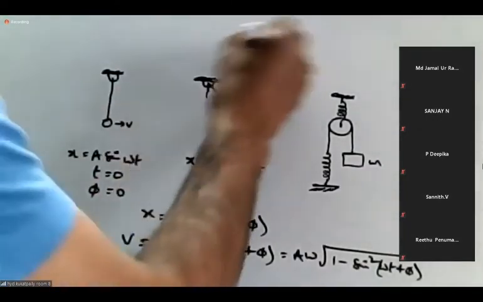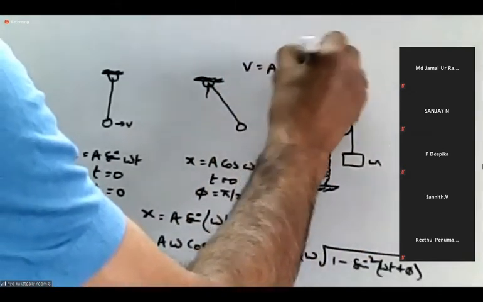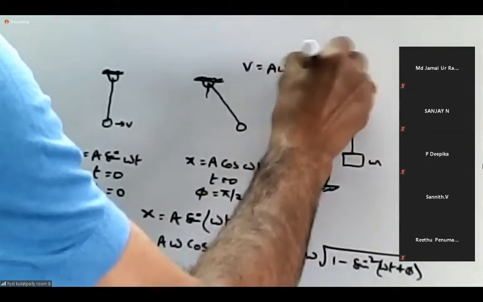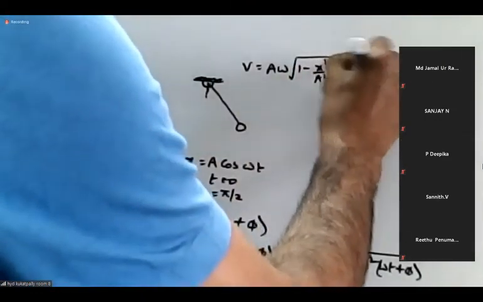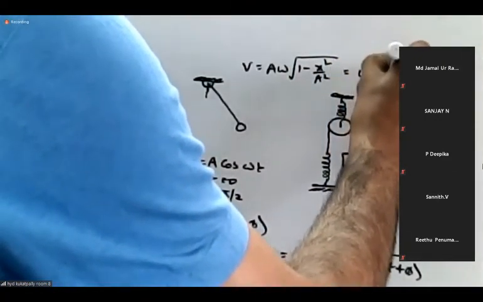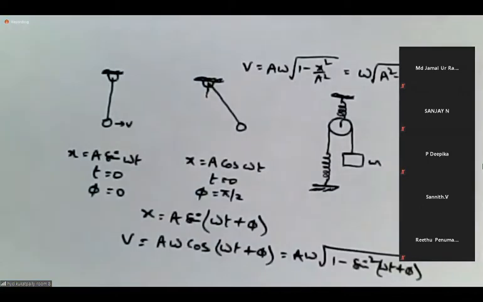So I'll write v equal to a omega root of 1 minus x square by a square. This is equal to omega into root of a square minus x square. At x equal to 0, velocity is maximum.